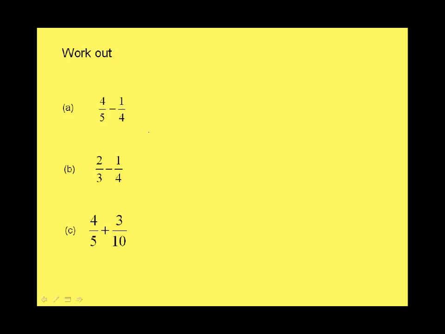And when you add or subtract fractions, your denominator has to be the same. So the lowest common denominator, the LCM of 5 and 4, is 20. So we write the first fraction out of 20 and the second fraction out of 20.